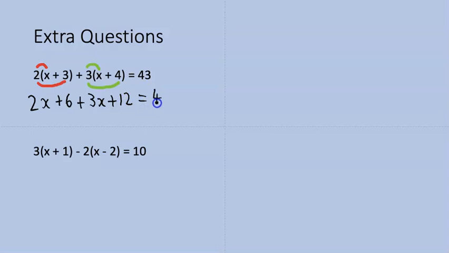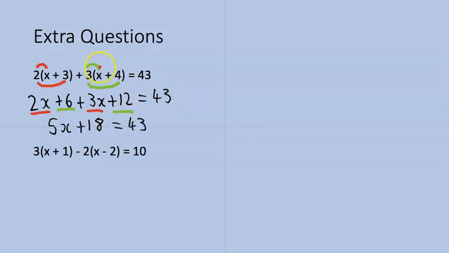That equals 43. I then collect up my x's. So 2 plus 3 gives me 5 lots of x. And then I collect up my 6 and my 12. 6 plus 12 is 18. And that gives me 43.